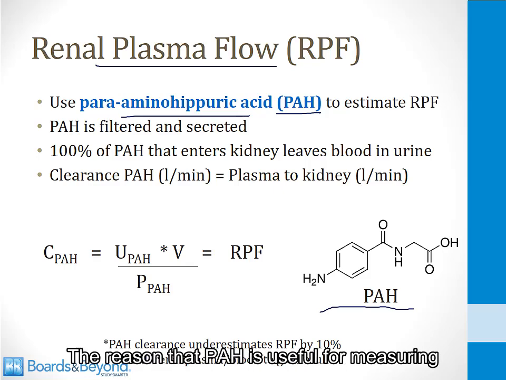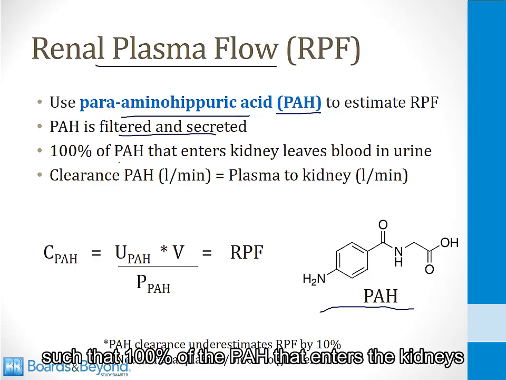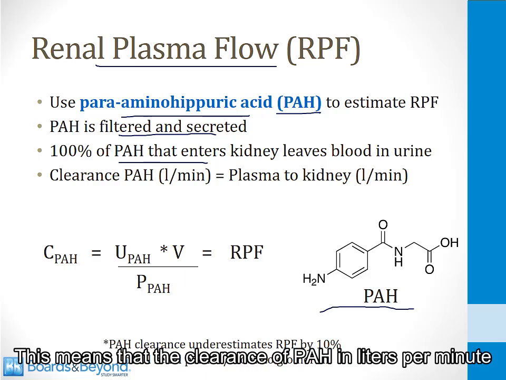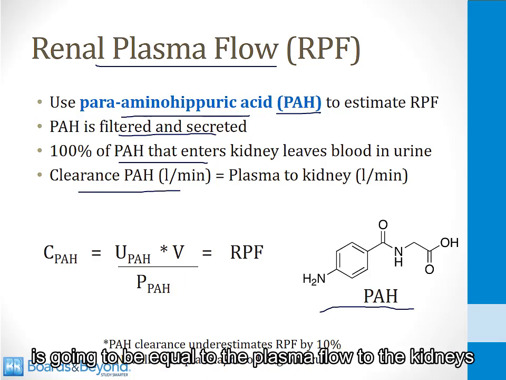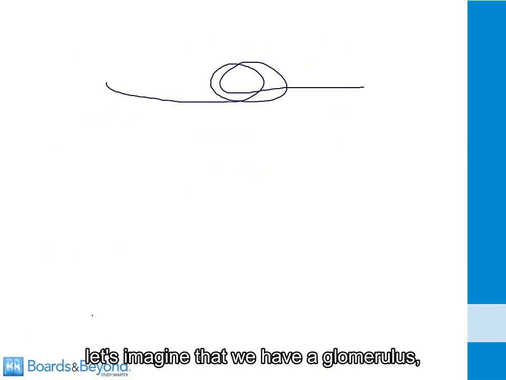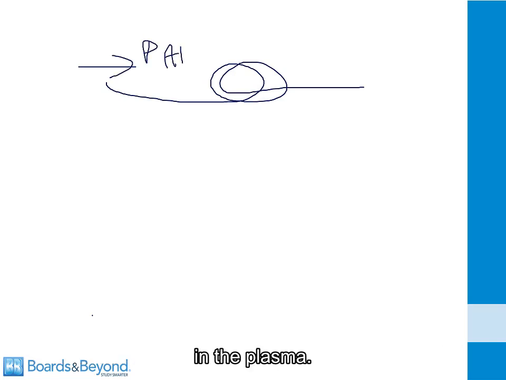The reason that PAH is useful for measuring the renal plasma flow is because it is filtered and secreted such that 100% of the PAH that enters the kidneys leaves the blood in the urine. This means that the clearance of PAH in liters per minute is going to be equal to the plasma flow to the kidneys in liters per minute. To make this more clear, let's imagine that we have a glomerulus and we have coming into that glomerulus some PAH in the plasma.